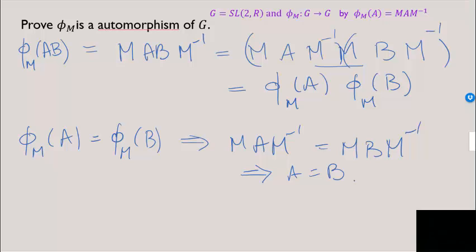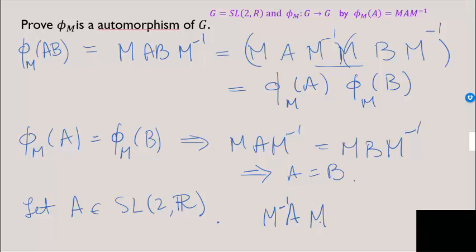Now we need to show that it's onto. These are two infinite groups, so we start to show that it's onto. We let, it doesn't matter what you call it, let's just let A be an element of SL2R. We're mapping into that set. So let's see, what would map to it? Well, if we put A here and we multiply by M inverse on the left and M on the right, that's another matrix in SL2R.